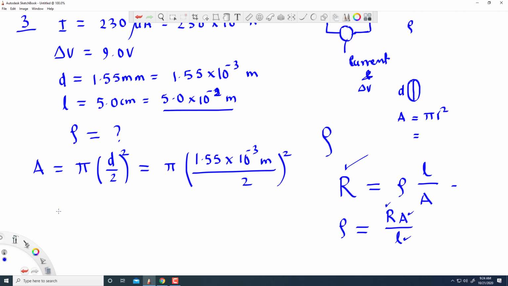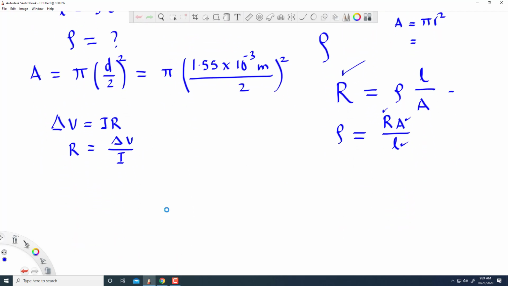So Ohm's law, delta V is equal to I times R. So R is delta V over I. So delta V is 9 volts, and I is a small current, which is 230 times 10 to negative 6 amperes. So you do the math, that will give you resistance measured in ohms.